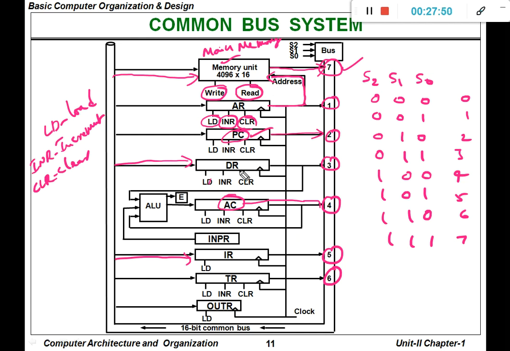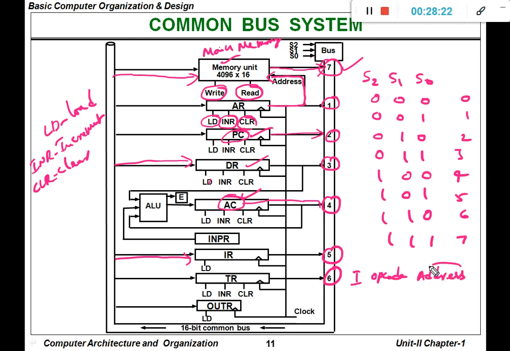Similarly, we already discussed DR, and similarly the AC is very important. AC means accumulator register. Why is the accumulator register very important? Inside the instruction format, as we have seen, there will be the I bit, the opcode, and the address, be it a direct address or an indirect address.